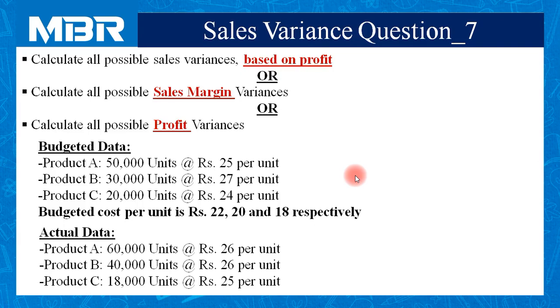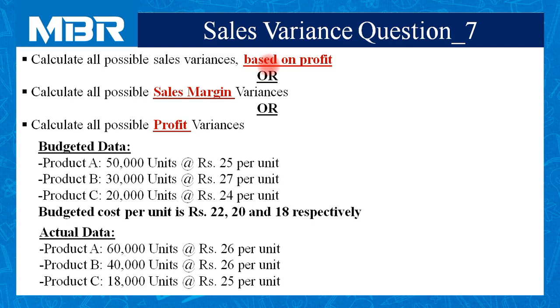Now, what to calculate? It is not necessary that the examiner always provides you information that says calculate sales margin variances. So I have written a different pattern of asking the question by the university examiner over here. Calculate all possible sales variances, comma, based on profit.